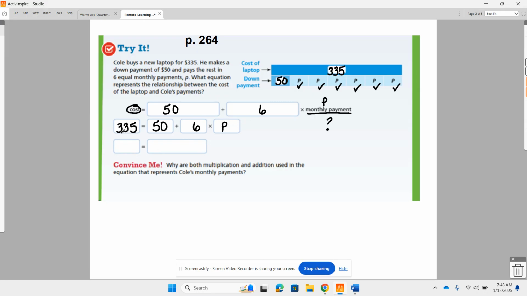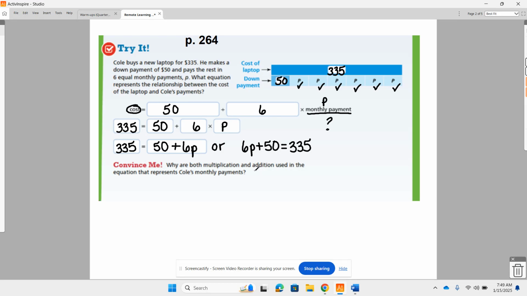So this equation, if we write it like we're used to, would be 335 equals 50 plus 6P. Or we could rearrange it like what we normally would see, 6P plus 50 equals 335. This is kind of how our equation started when we started two-step equations. Both of these are exactly the same thing, so don't let that throw you off in how it's written.